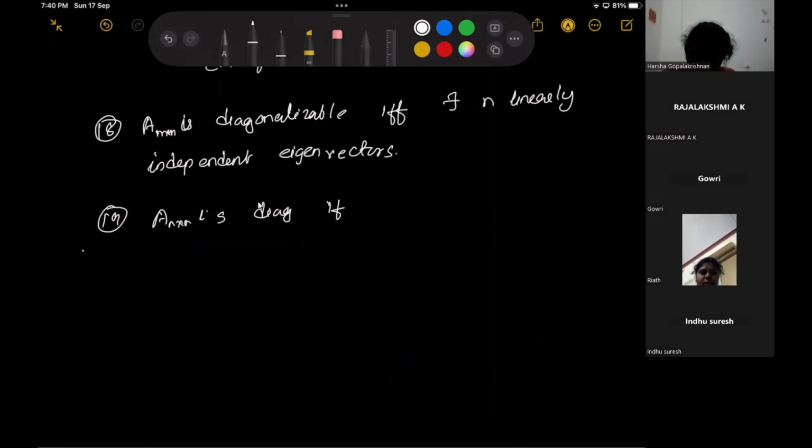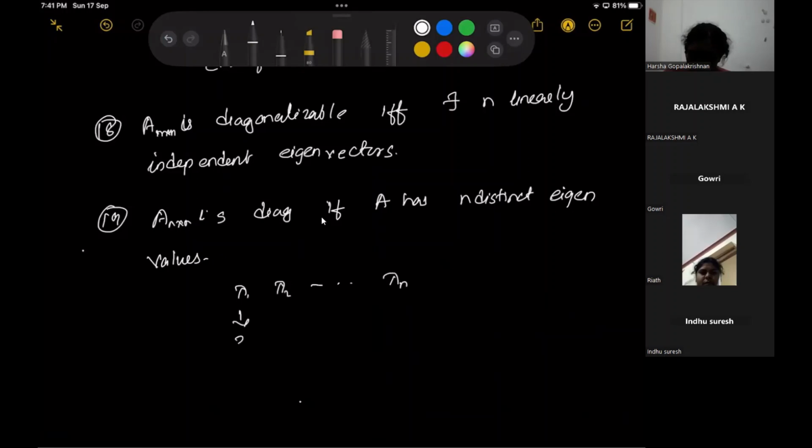A is diagonalizable if A has n distinct eigenvalues. So if A has n distinct eigenvalues, say lambda 1 to lambda n, corresponding to each eigenvalue we have one eigenvector: x1, x2, up to xn.